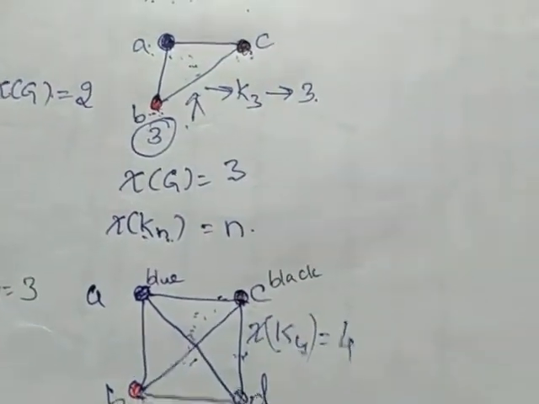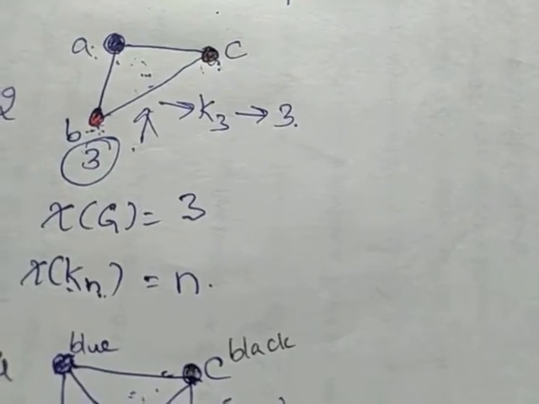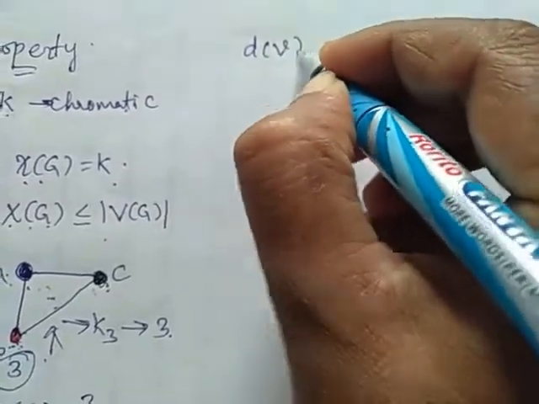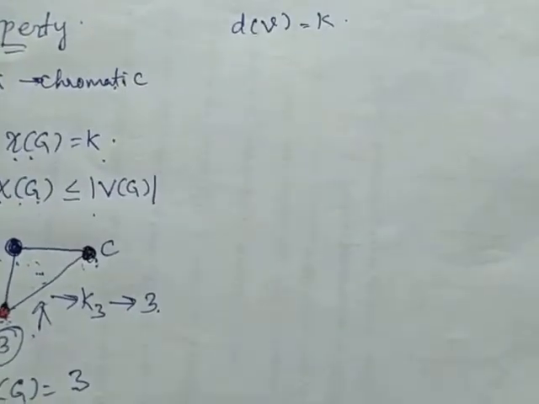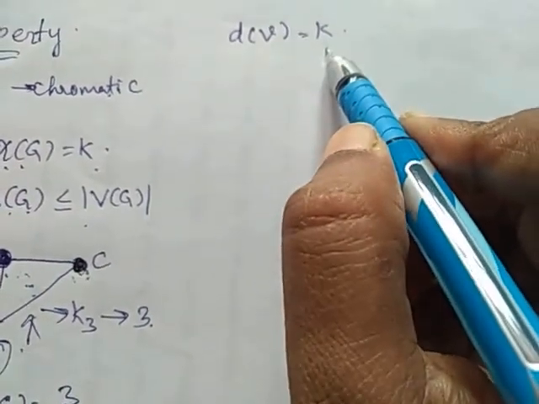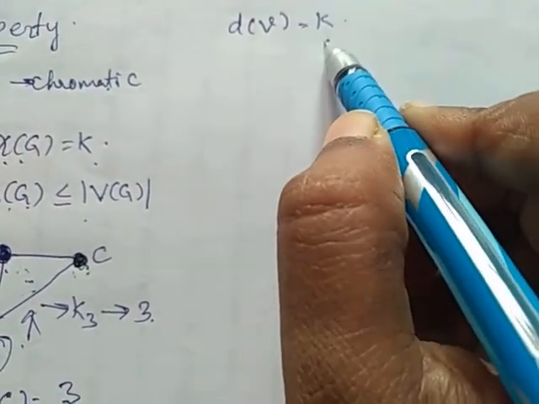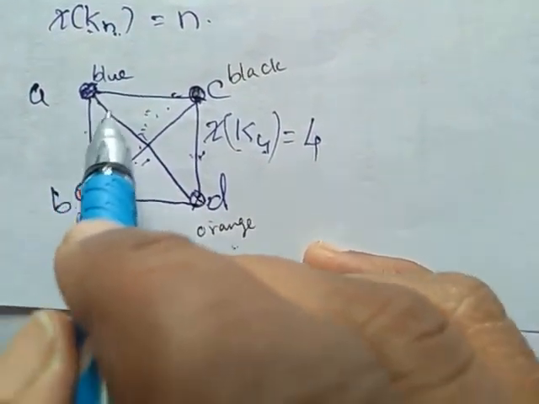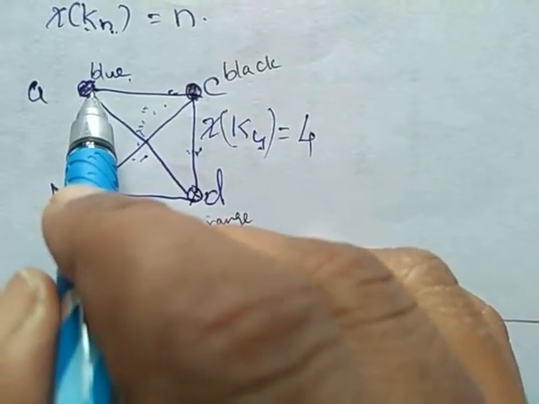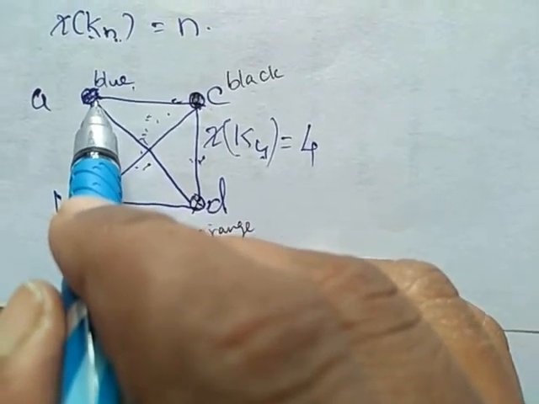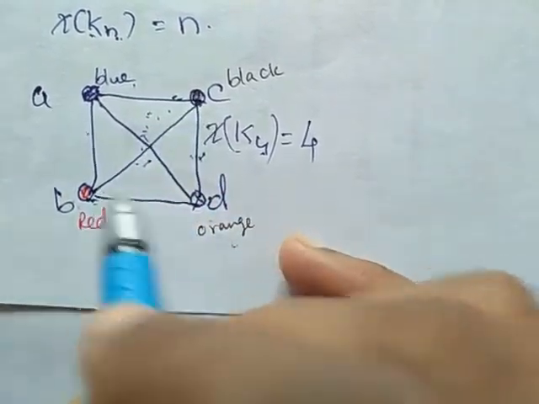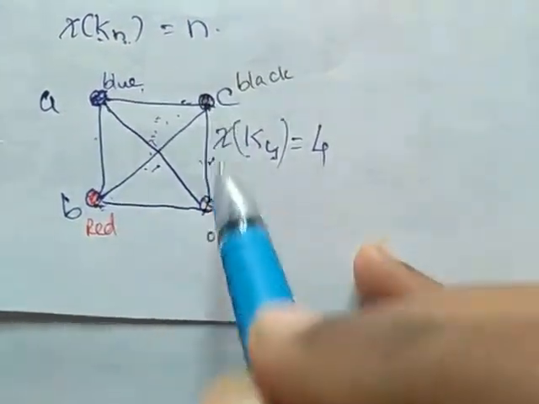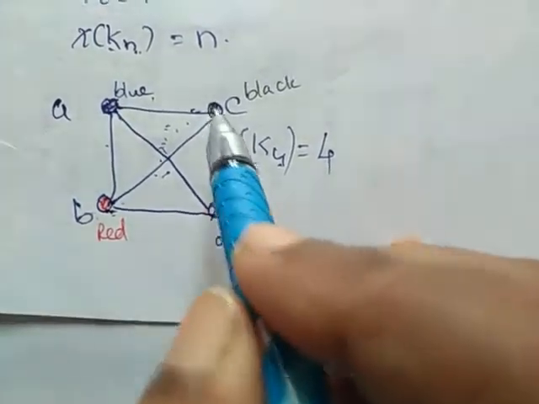Next one, if the degree of V is k, then at most k colors are required to color the adjacent vertices. At most. See here, the degree is 3 for A and its adjacent vertices require 3 colors at most.